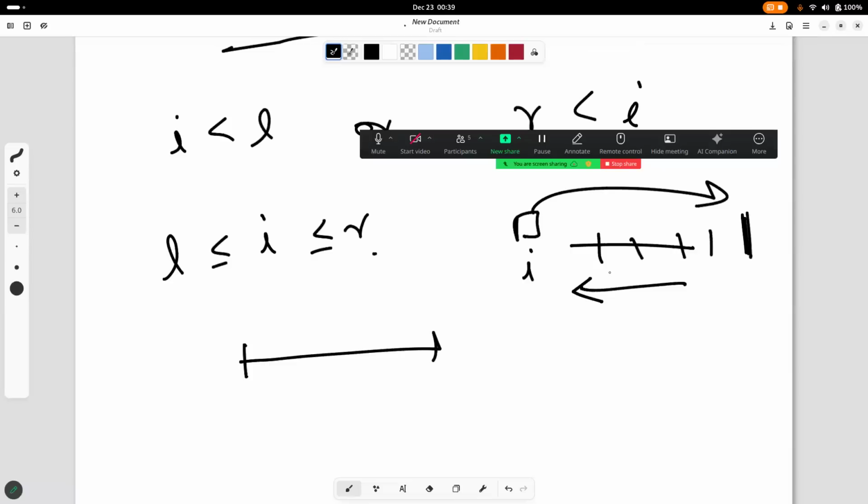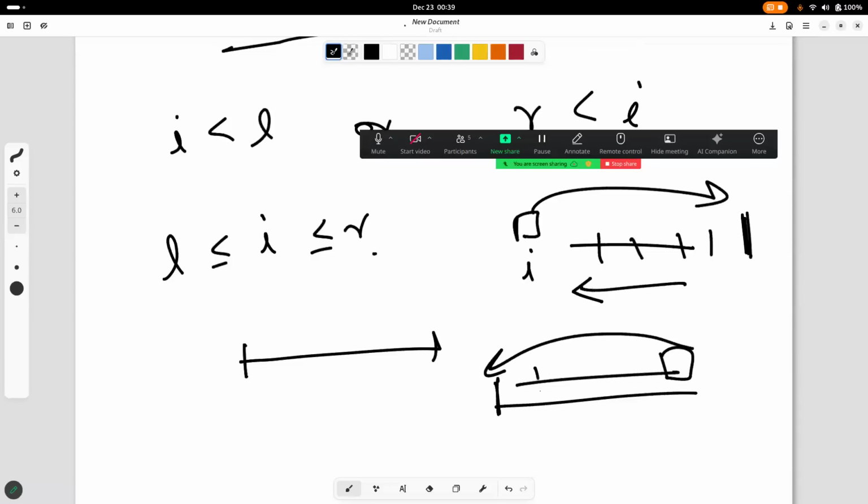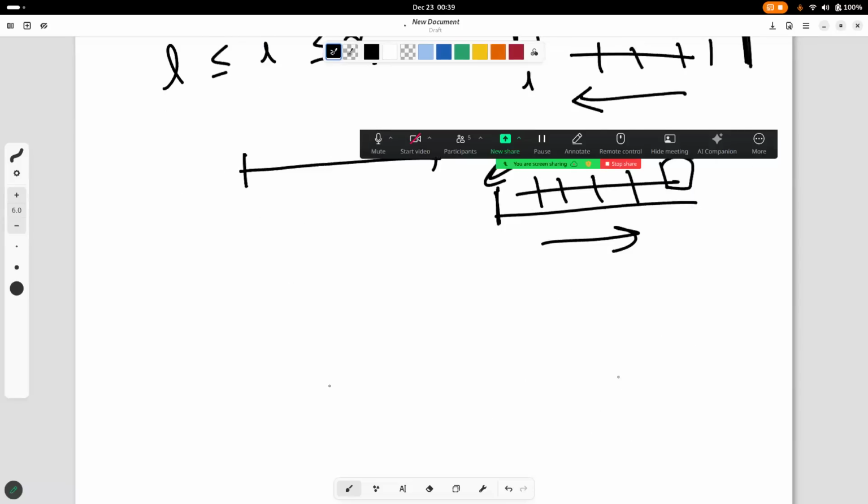Or if you're putting it at the start of the array, this would shift all these elements to the right by one place.